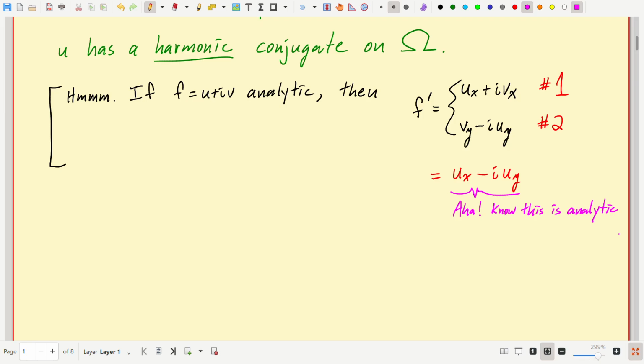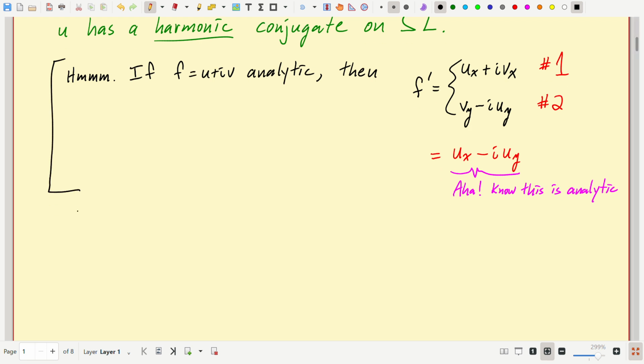So I'm thinking out loud here. Now I'm going to do it. That's where I get my big idea. Big idea is, let's let capital F be equal to du dx minus i du dy.